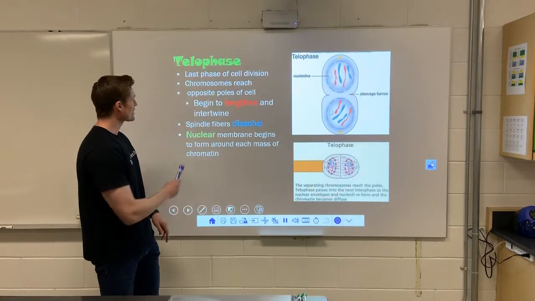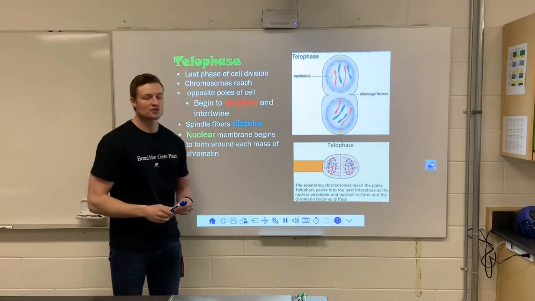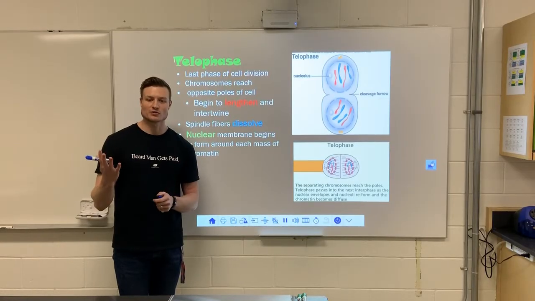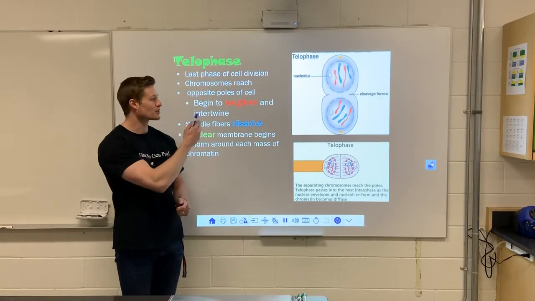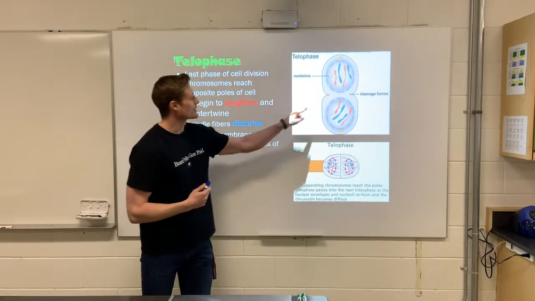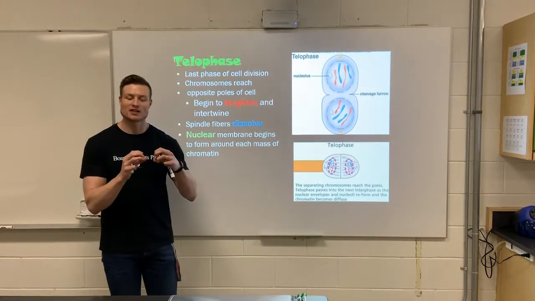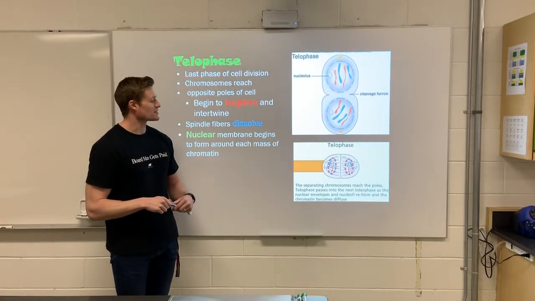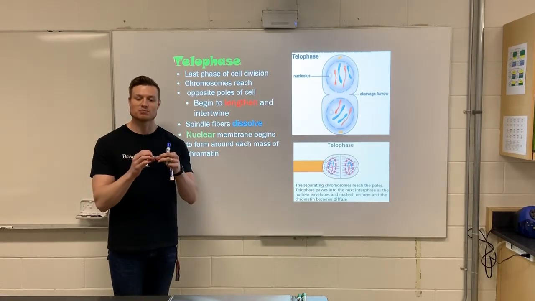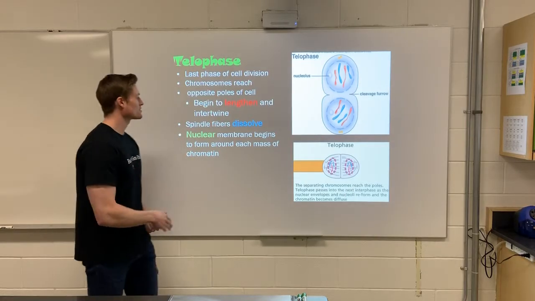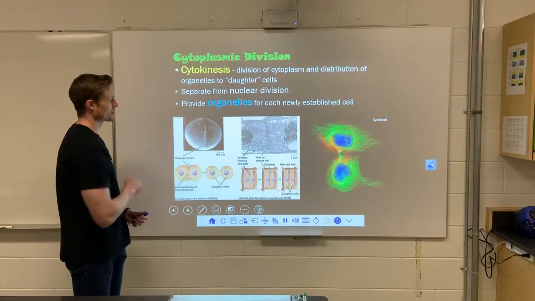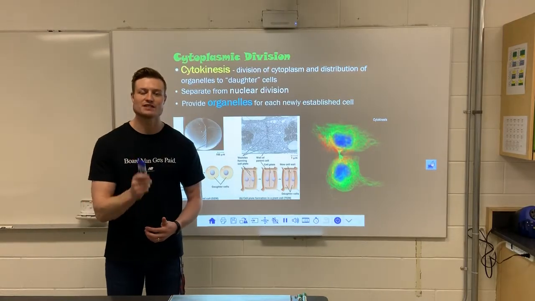Finally, we're going to end with telophase, which is where we now have two new nuclei forming. The chromosomes start to uncondense, the nuclear membrane reforms, and we get the cytoplasm starting to pinch off. We get a little bit of pinching action of the cytoplasm to start basically the splitting process. And the ultimate splitting process will then end with the process of cytokinesis, the splitting of the cytoplasm.